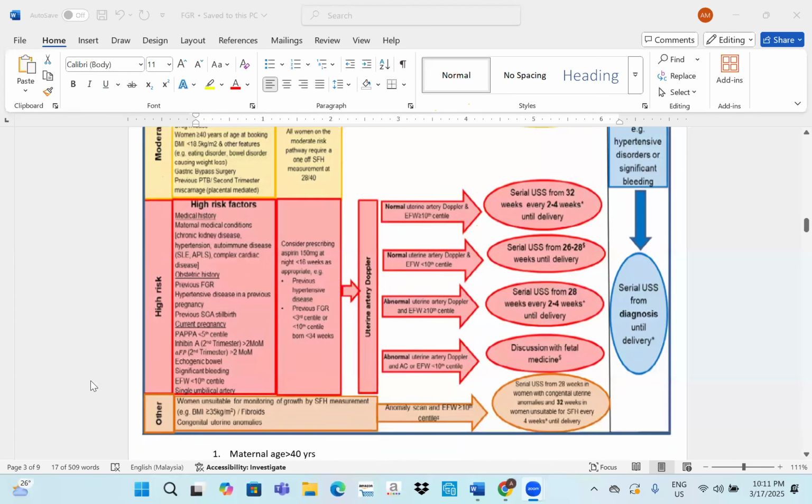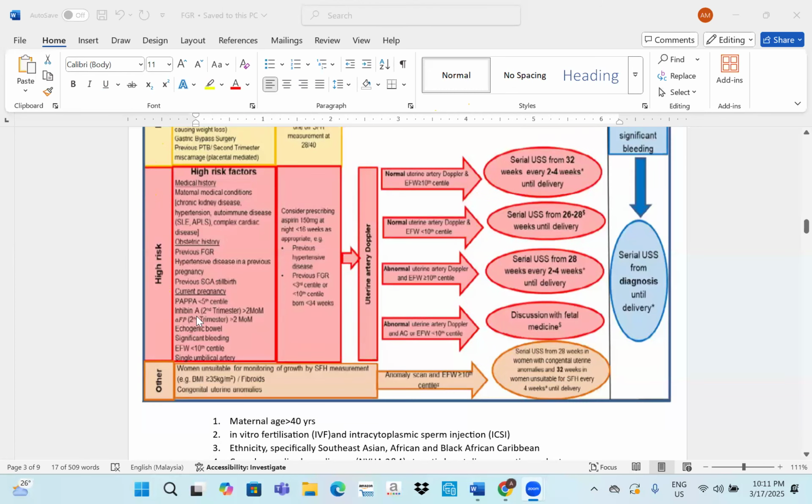Okay, give me 1 second, please. Okay. But whenever both the parameters are abnormal, the abnormal uterine artery Doppler and, you see here it is written, and.